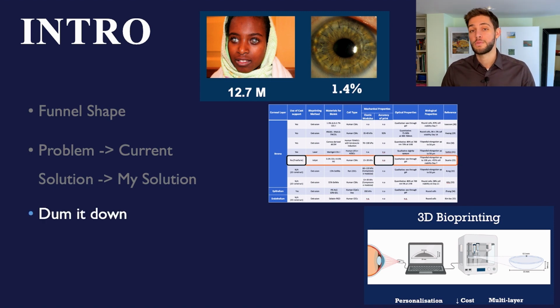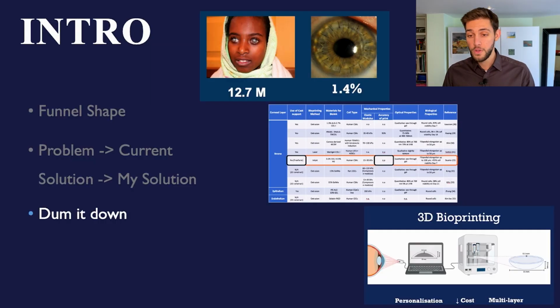Last point, dumb it down as much as you can. So your thesis has to be written in such a way that when someone from a totally different field, let's say not an ophthalmologist, someone from cardiology, someone from cancer biology, could read your dissertation, and your intro should have the information in it in order for that person to be able to understand everything that you're saying.